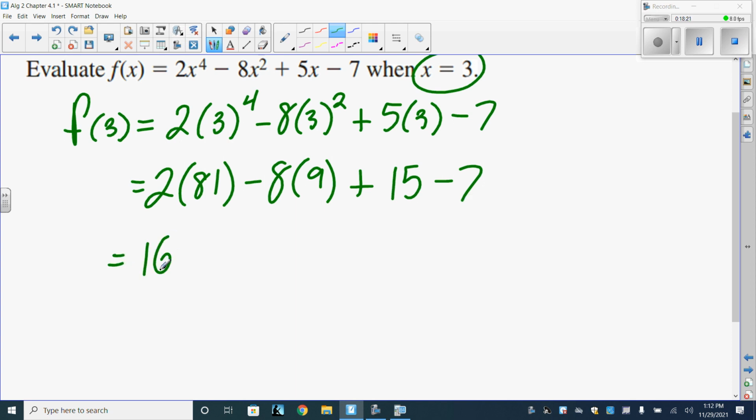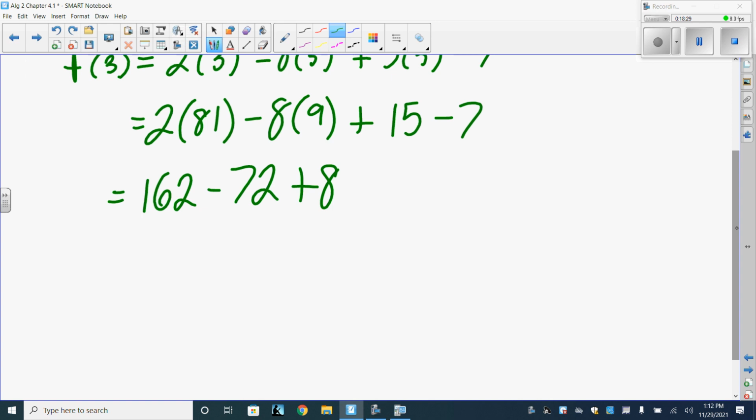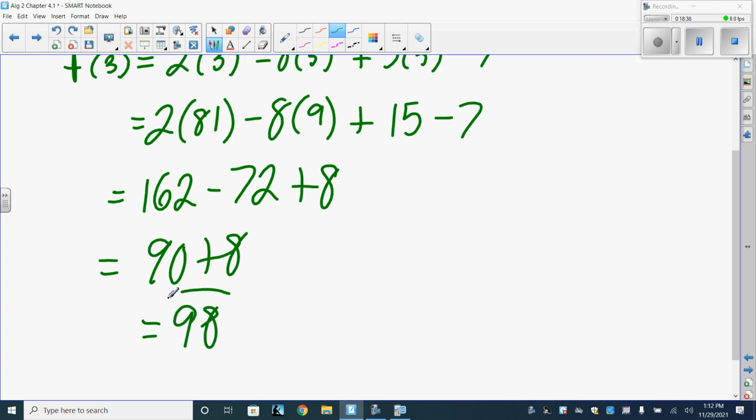Well, 2 times 81 is 162 minus 72 plus 8. Well, 162 minus 72 is 90. And 90 plus 8 is 98, which I think some of you already found. Yes? For those of you who plugged it in. And that's it. That's all we have to do for this here.